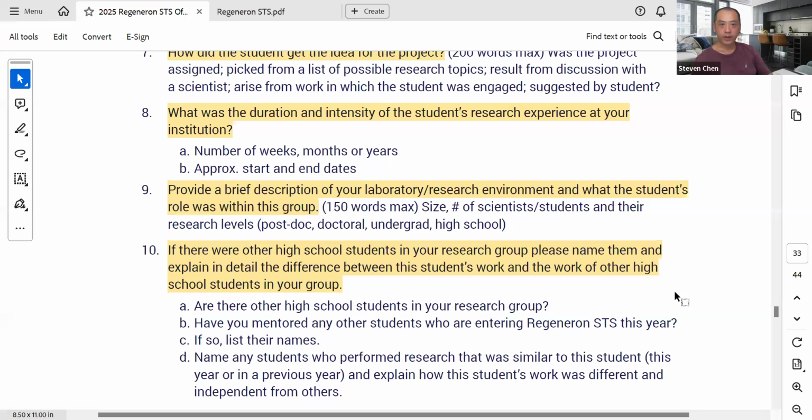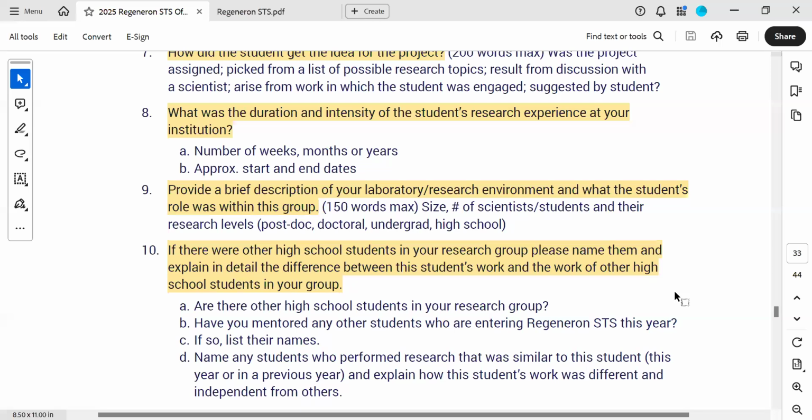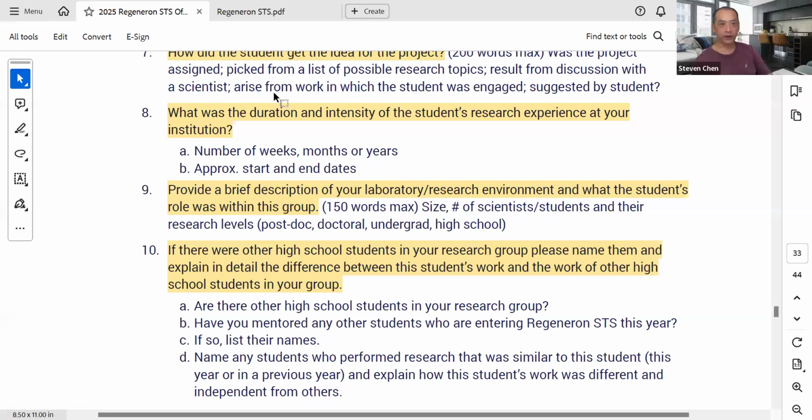Is it clear? So if you did one product or multiple products, but there was one product you want to use for Regeneron STS, and this one actually was done in collaboration with another high school student under the same mentorship, then you have to think about it very, very carefully. Because STS will directly compare you and that student in the same lab.